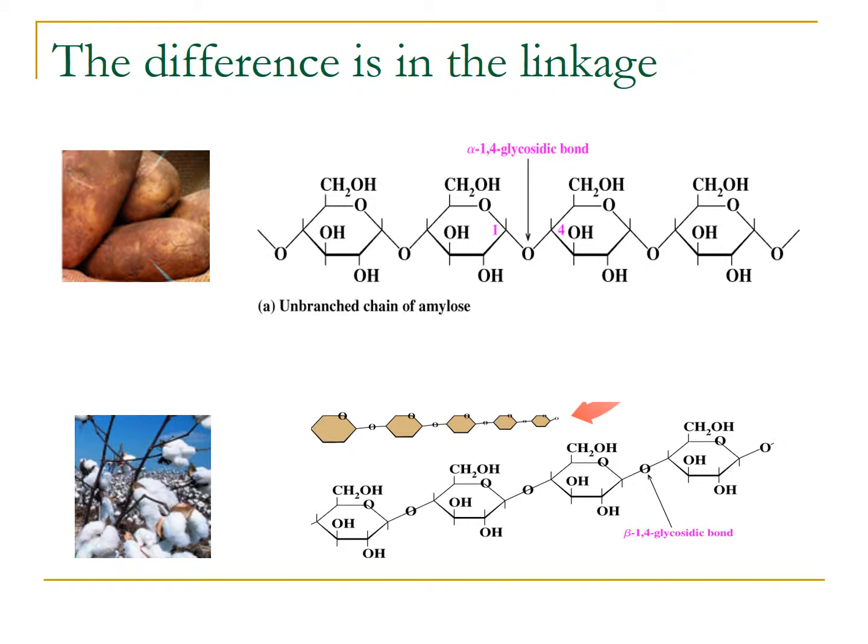Down below you can see the geometry if the same linkage between the 1 and the 4 is a beta linkage. Simply the different way of linking, alpha versus beta, can give us the difference between potato and cotton. Cotton is going to be mainly cellulose, made up of beta 1,4 glycosidic bonds, creating these cellulose fibers, and that's the difference between cotton and potato.